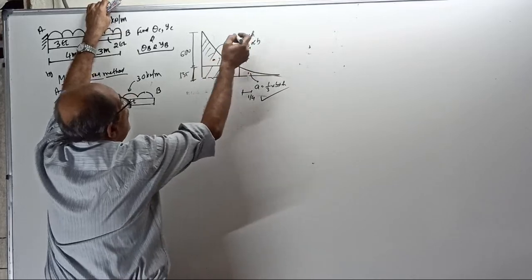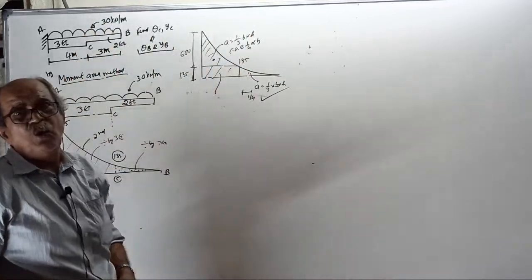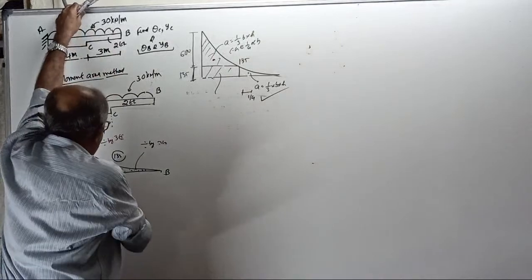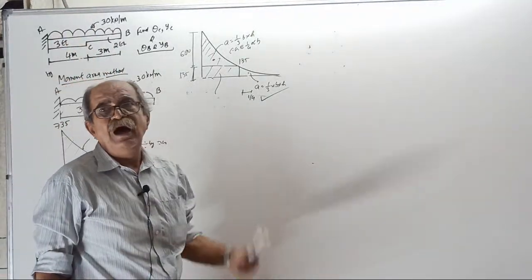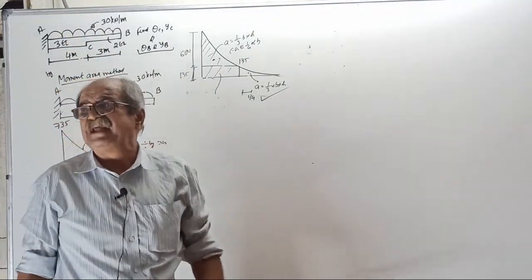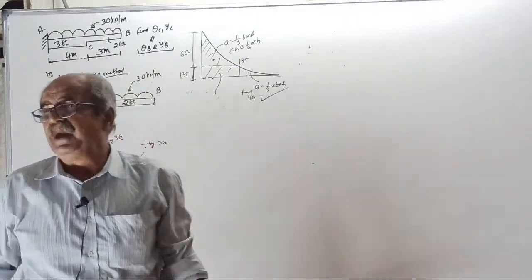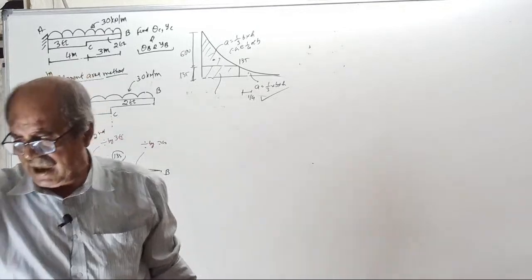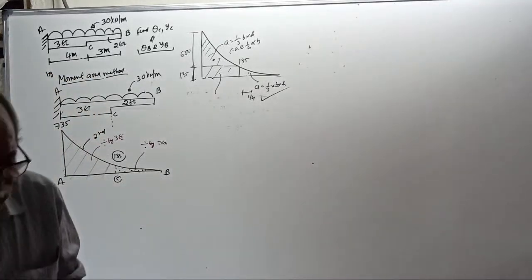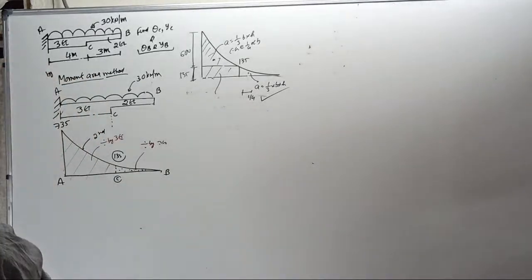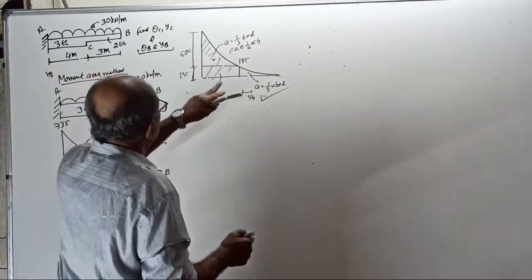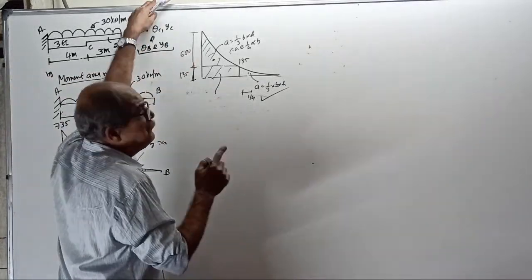Tell me, is it correct or wrong? I told you earlier, area bounded by a parabola, you divide into a rectangle and another parabola, and for that remaining parabola, you apply the properties of the basic parabola. Is it correct or wrong? It is outrightly wrong. If they do that way, completely wrong.